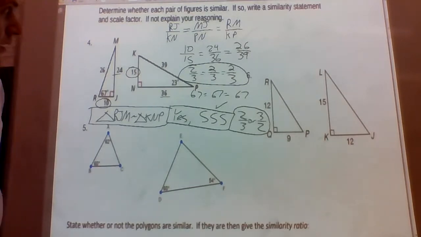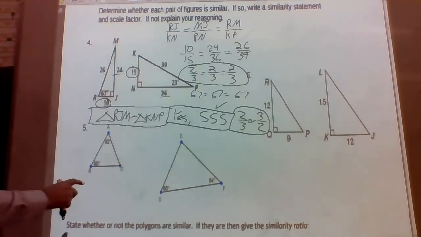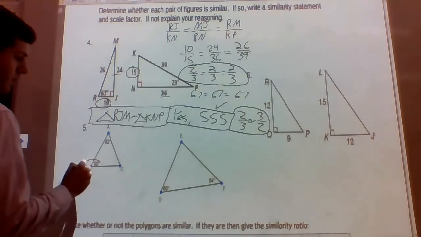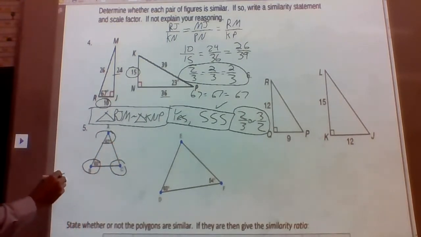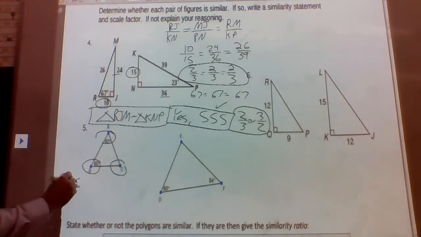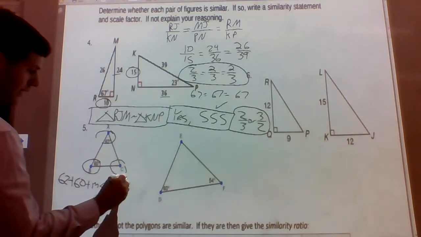All right, number 5. So first off, let's try and find what these missing angles are. We know the 3 angles of a triangle are going to add up to 180. So 62 plus 60 plus the measure of angle C is going to equal 180.